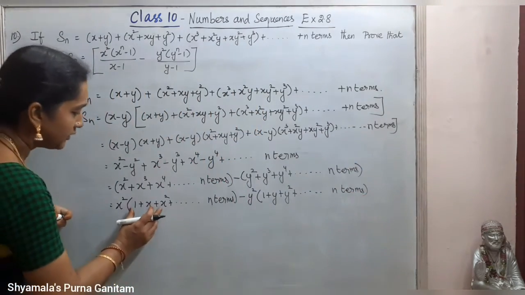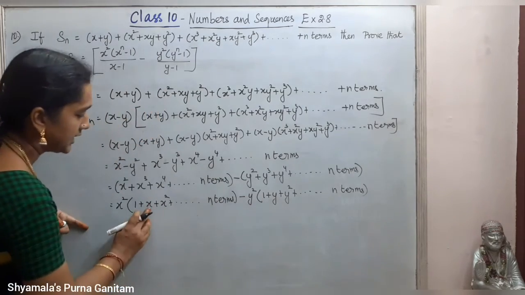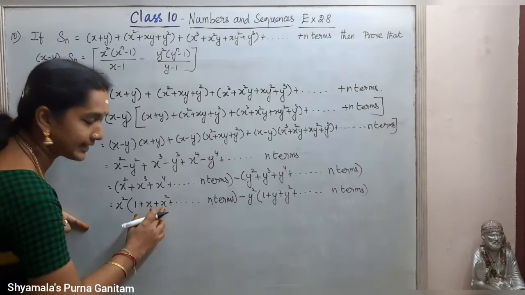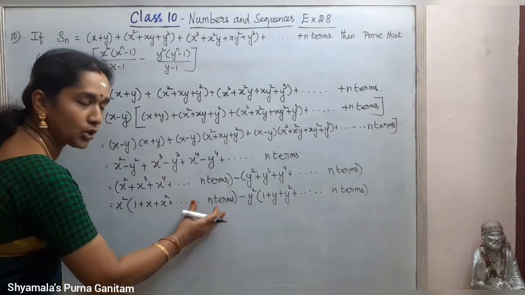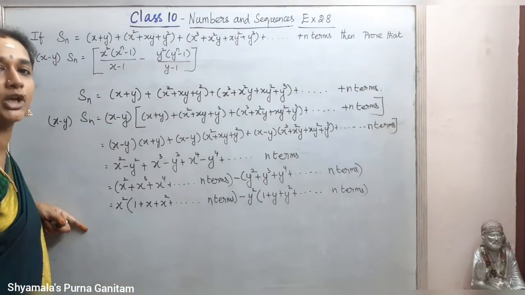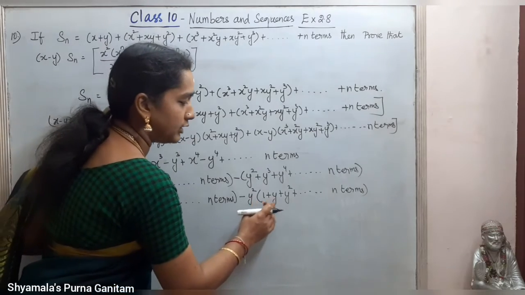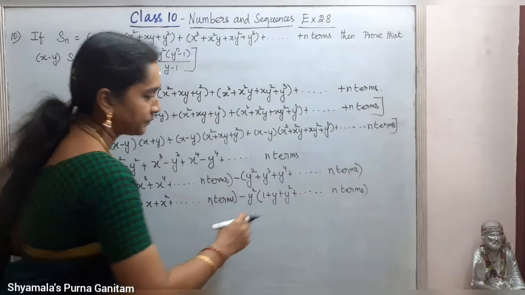Okay, so now when I check this sequence, x by 1, the ratio I will be getting is x. x squared by x also, the ratio will be x only. So the ratios are same, so the given terms are in GP. Same way for y also. T2 by T1, I am getting y.